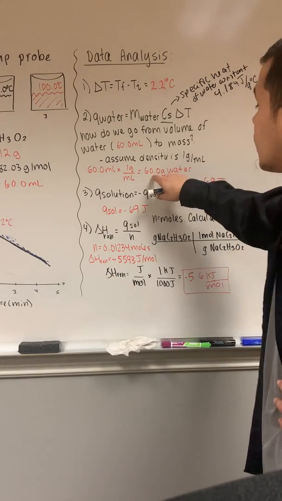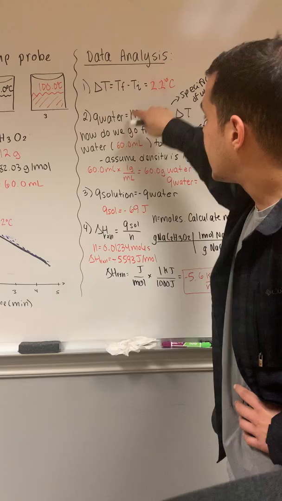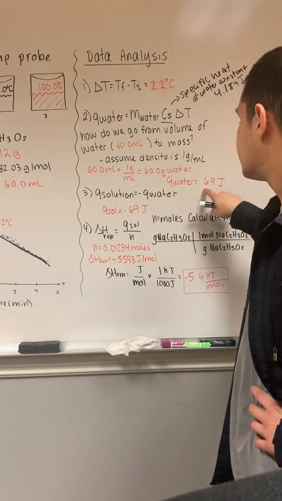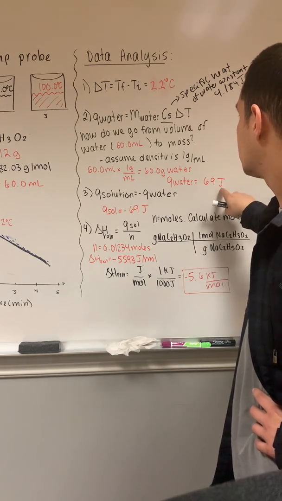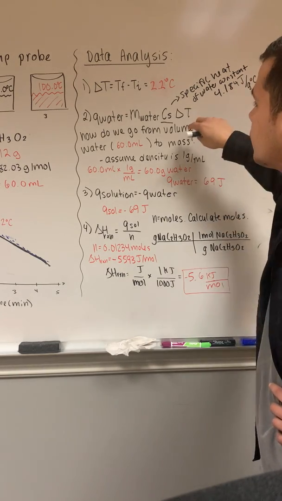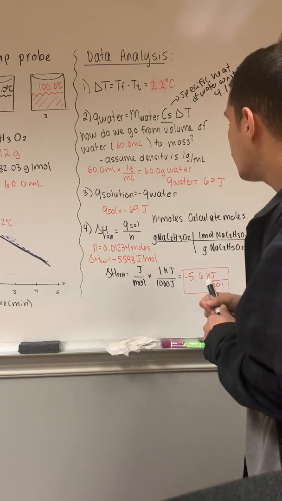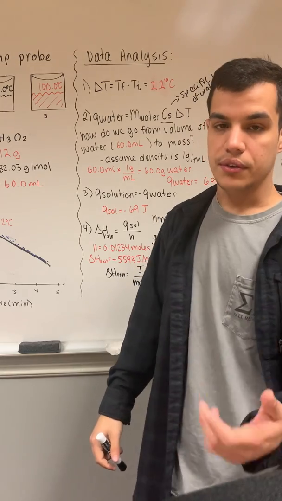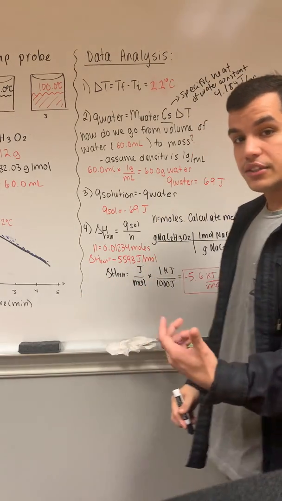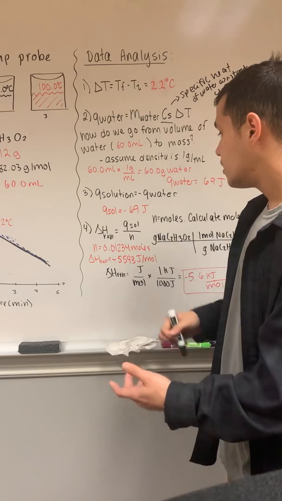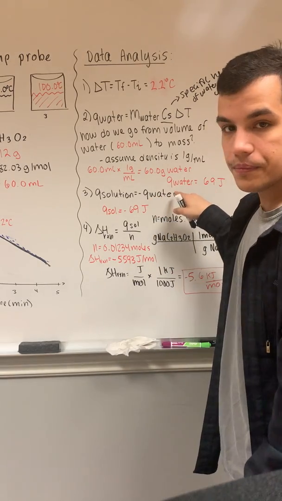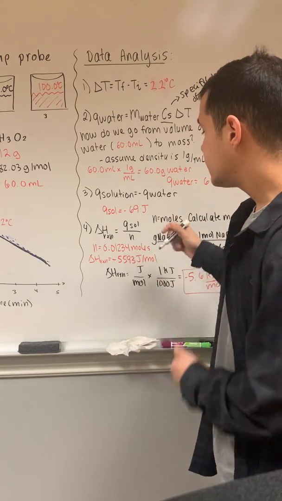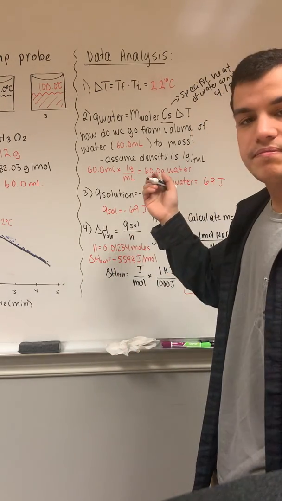So I got 60, now I can put that in there, and I do my calculation, and I get that my heat of water, or my Q of water, is 69 joules, because the grams and the Celsius cancel out in the calculation. So once I have that, I can find my heat of solution, or the Q of solution. Because the salt is dissolving, you just take the opposite of that heat of water. So your heat of solution is going to be the opposite of the heat of water. In this case, it's just going to be negative 69.